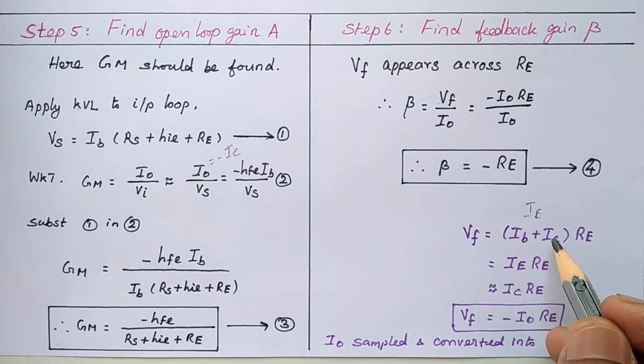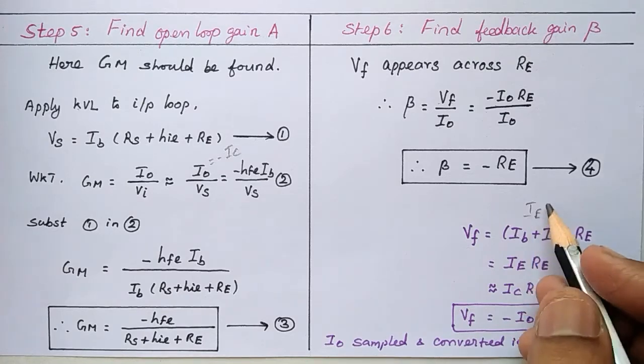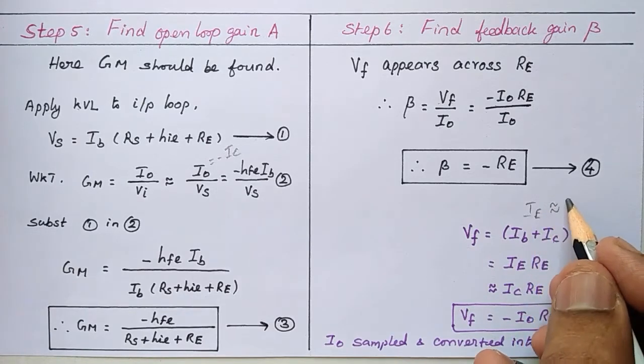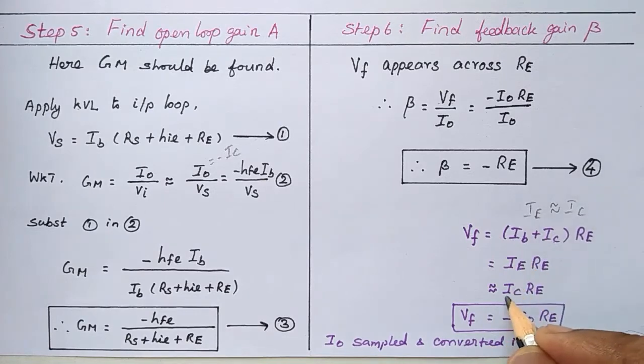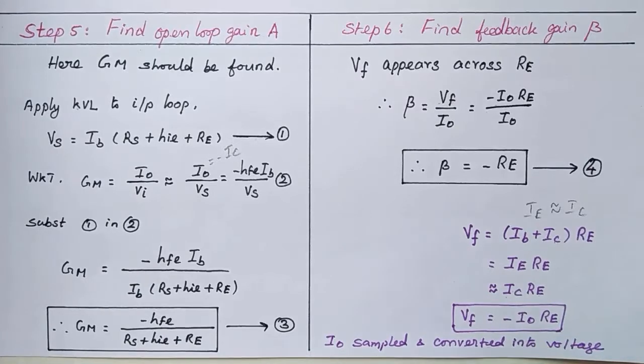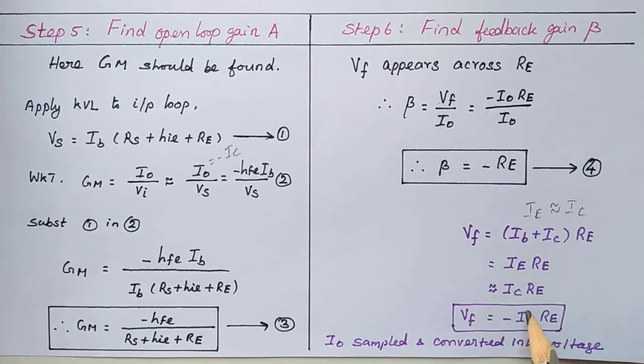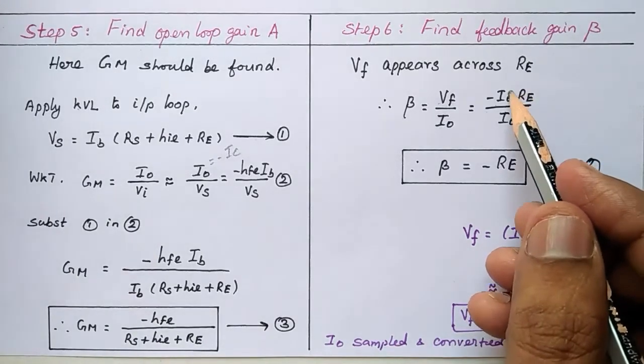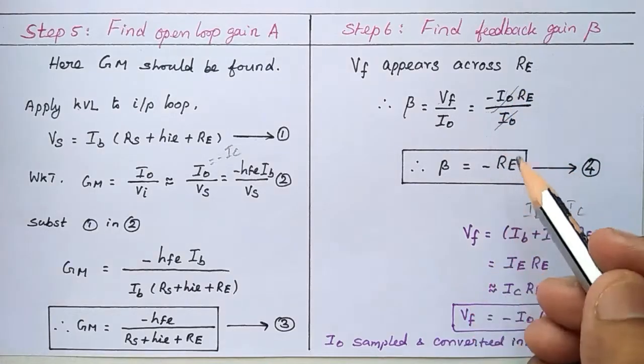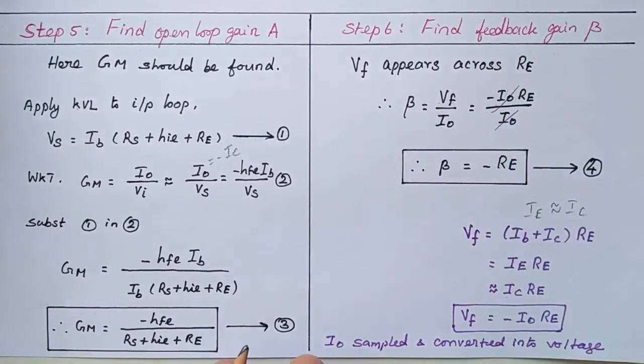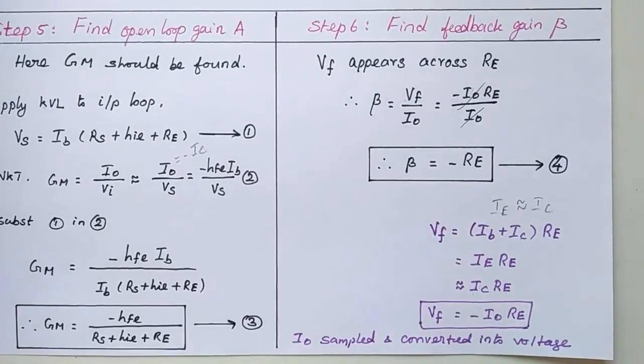Comparatively, base current is very small compared with the collector current, hence IE becomes equal to IC, so I can replace with IC Re. IC and I0 are opposite in direction, hence IC can be replaced with minus I0 Re. This expression is substituted here, the I0 gets cancelled, and finally we get beta is equal to minus Re. So finally we write I0 is sampled and converted into voltage Vf.